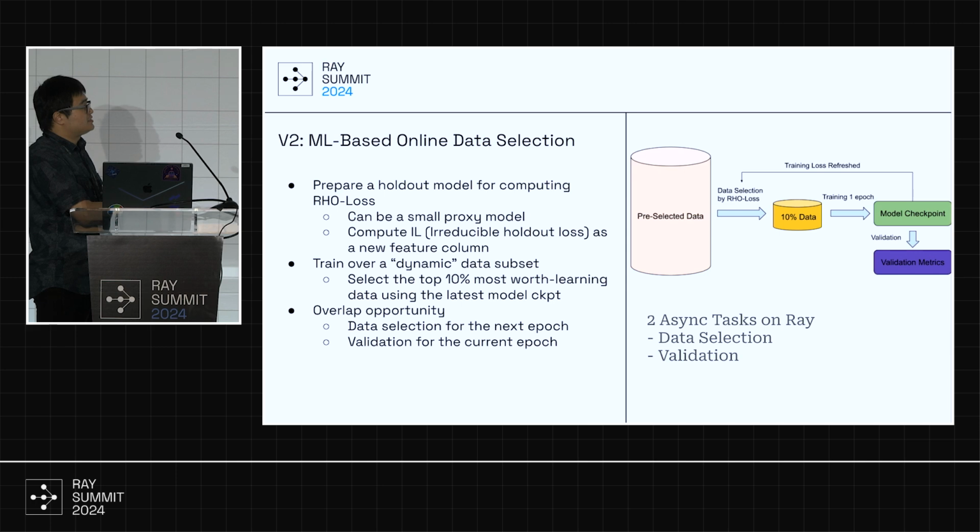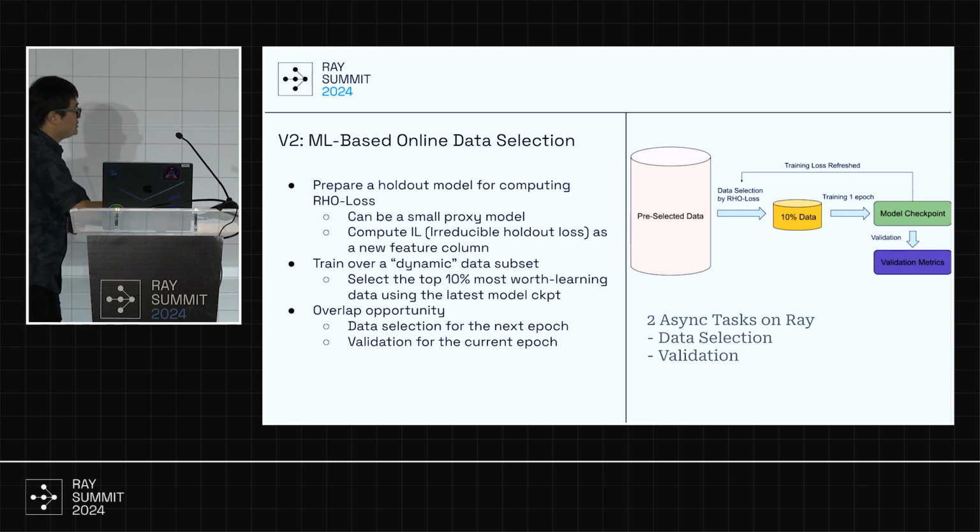At the same time, we have a validation during training, basically to make sure we can fail fast if the metric does not look right. And at the same time, we can use Ray here to kick off another job. Basically, this is a data selection job to run another data selection phase over the original data to produce a new subset.